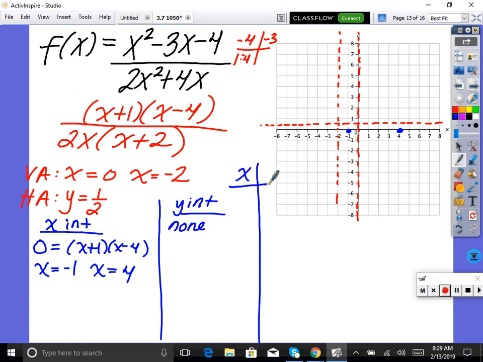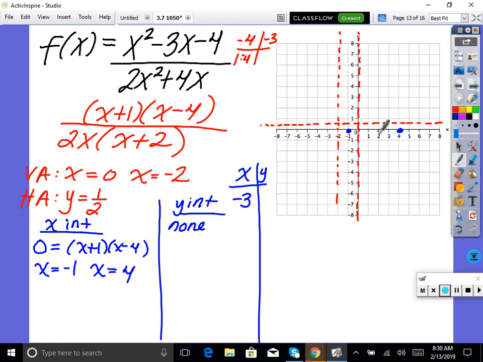Everybody grab a calculator. So let's think about it. We obviously need something on this side of the vertical asymptote. So somebody plug in negative 3. Because we're just trying to plot some points, we're just calculating from the original function. Meanwhile, I want some more points than just this.